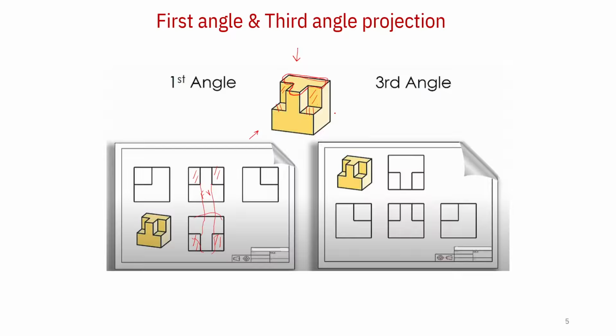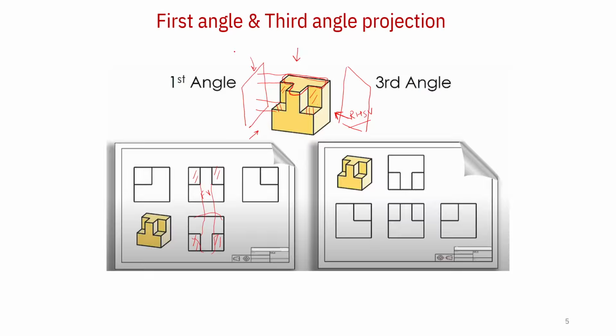Similarly, we can have the right hand side view looking in this direction. Now as far as the first angle method of projection, where should we draw the right hand side view? The right hand side view is obtained on the left plane. This is the left plane, and as far as the observer is concerned, this will be the right plane. So while looking in this direction, the projections are obtained on the left side profile plane.